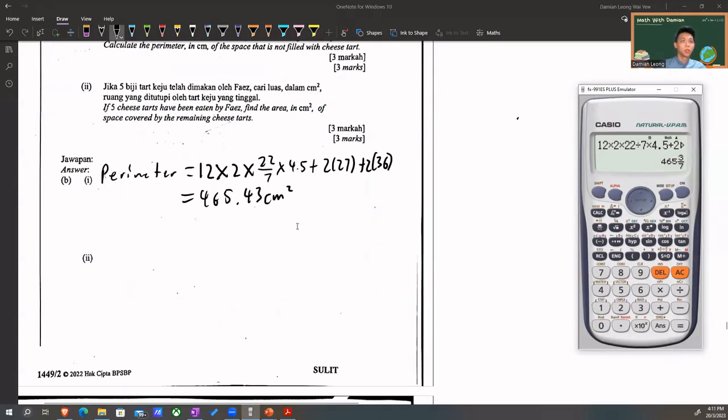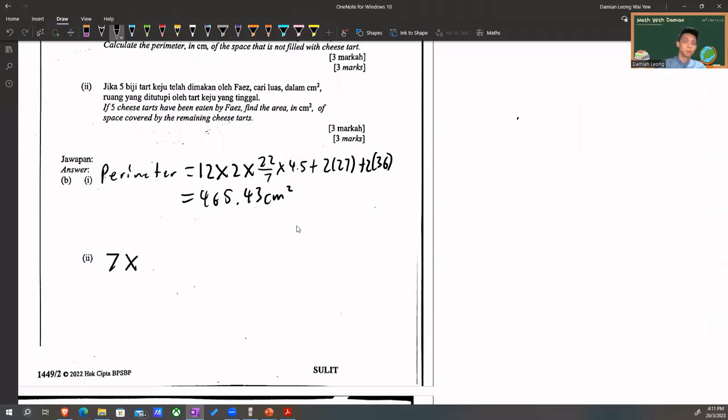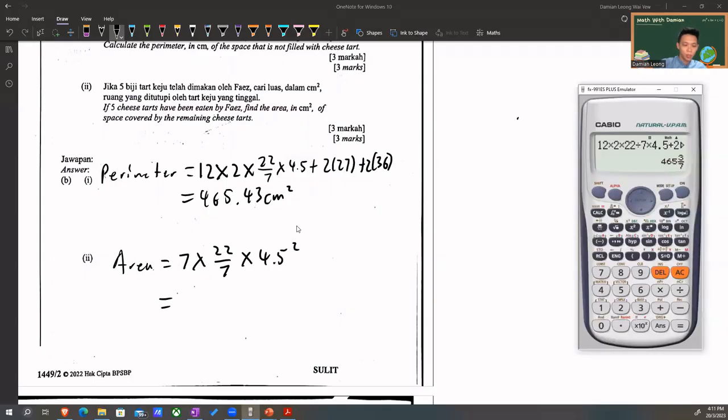It's still accepted. So 5 pieces of cheese tarts have been eaten. Find the area of space covered by the remaining cheese tarts. So means the area of 7 cheese tarts. 7 times pi r square. 7 times pi, 22 over 7, times radius square, 4.5 square.